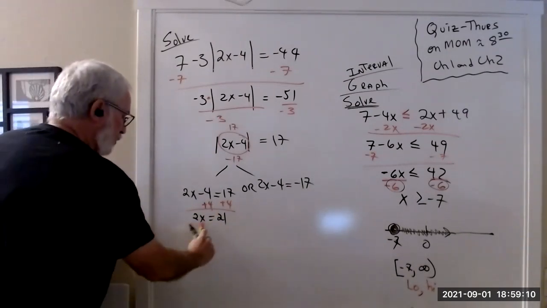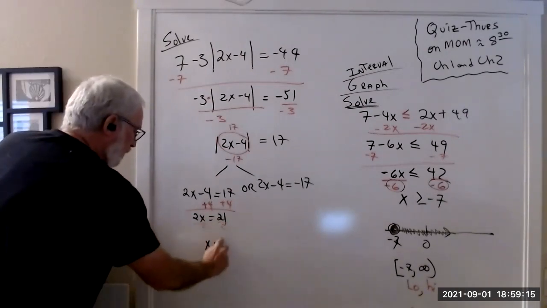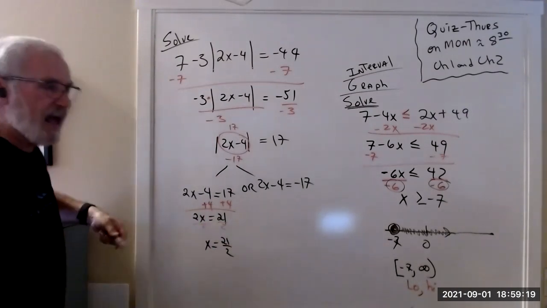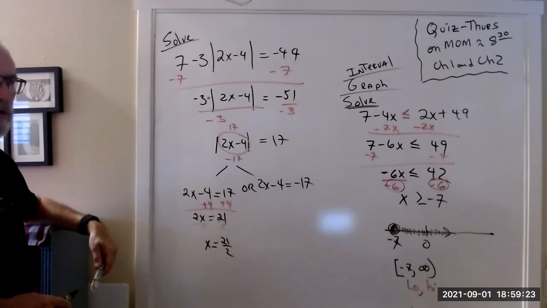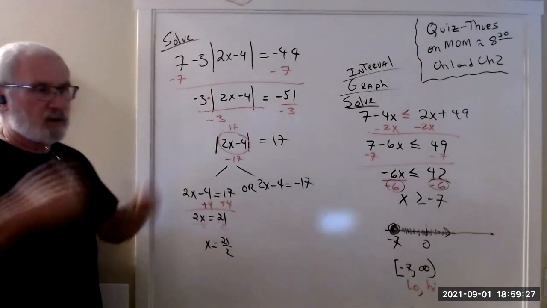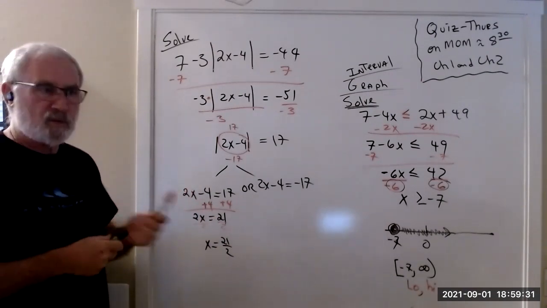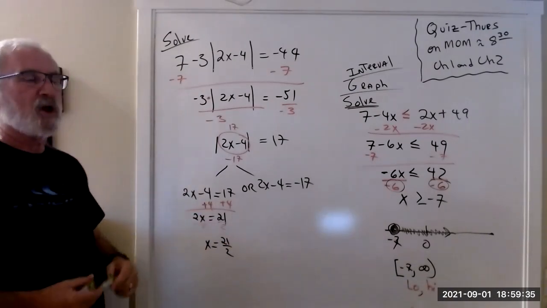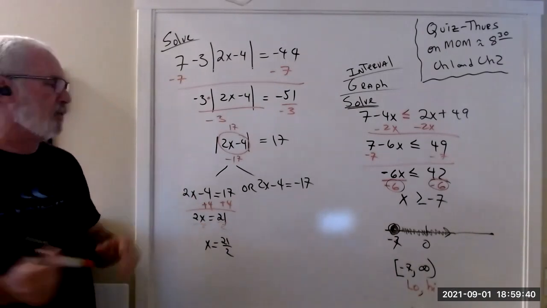Divide both sides by 2 and get, well, I could leave it as 21 over 2. Now, if you want to call that 10.5, that's up to you. I don't care. 2 does not go into 21, so I don't need to do any more. Okay, so I got 21 over 2. If you wanted to call it 10.5, totally fine, no problem.